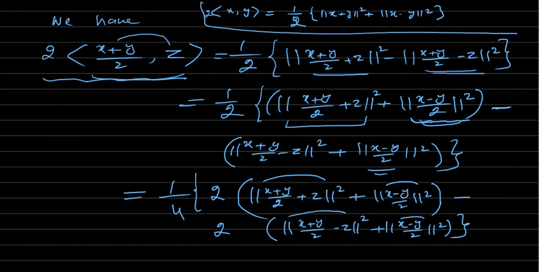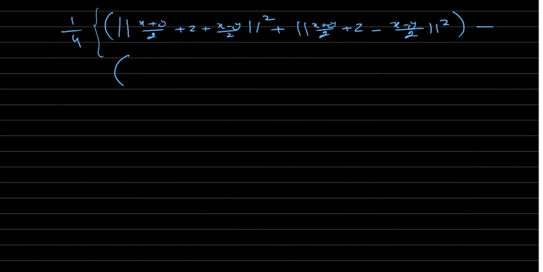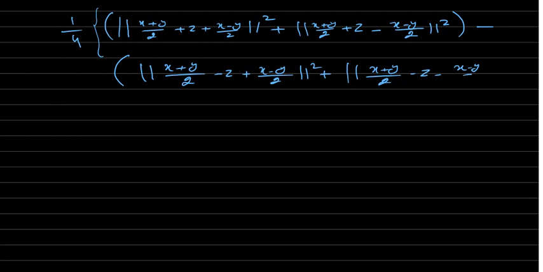So it's equal to norm of (x plus y)/2 minus z plus (x minus y)/2 whole square. Okay, plus norm of (x plus y)/2 minus z minus (x minus y)/2 whole square.